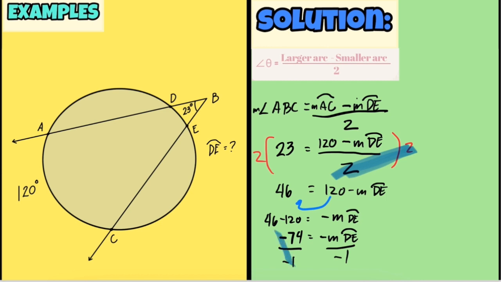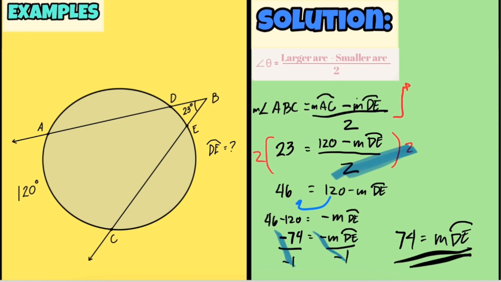So cancel this out, cancel this out. Therefore, this will lead us with that answer. 74 is indeed the measurement of arc DE.